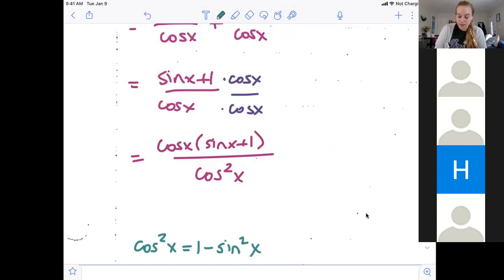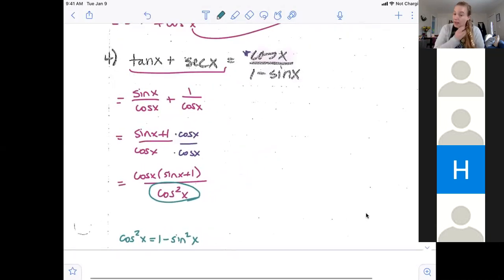I can replace cosine squared x with 1 minus sine squared x, and that's the same thing. Those are interchangeable. They're congruent. They're the same. They're equal. So I'm going to do that. The reason I'm going to do that is I'm going to be able to factor this 1 minus sine squared momentarily, and that's going to help me cancel on top.